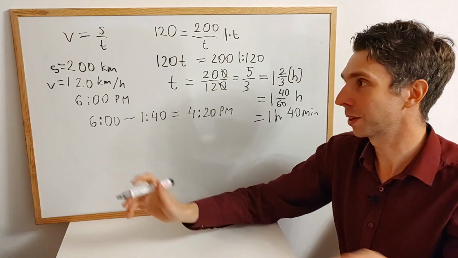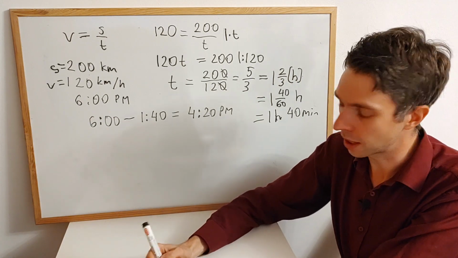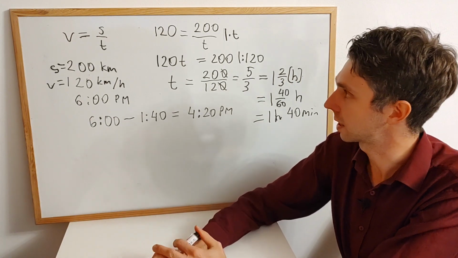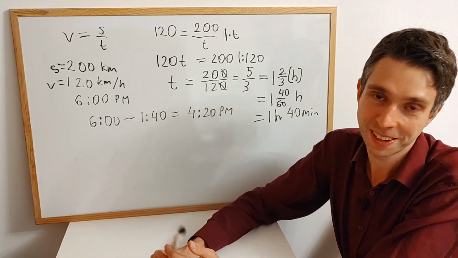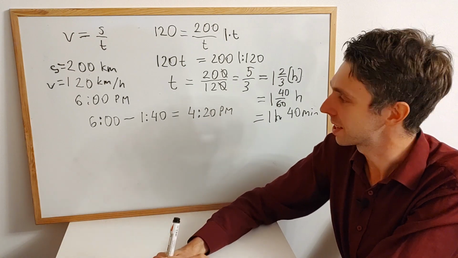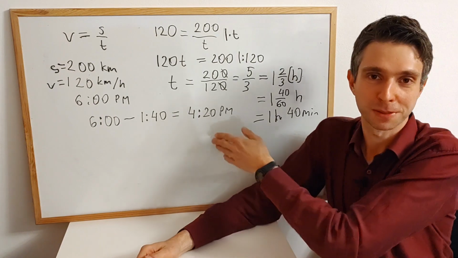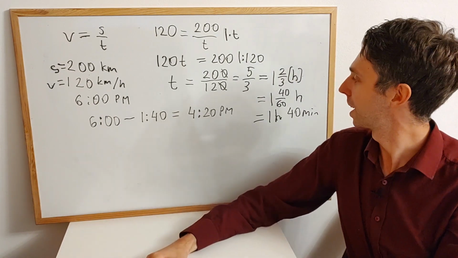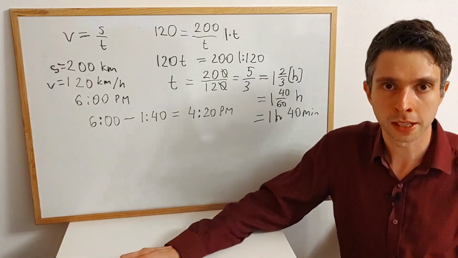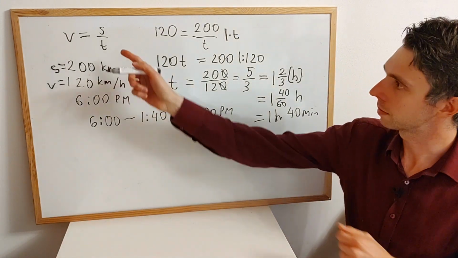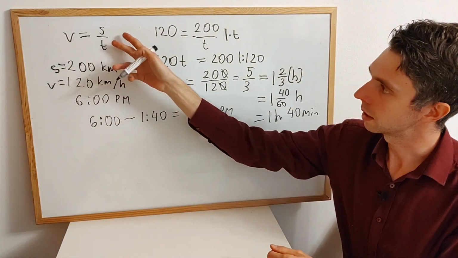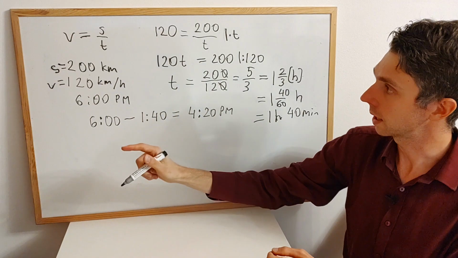So of course, because sometimes unexpected things happen on roads, I would suggest you depart maybe a little bit earlier, but this is of course the answer to our problem. Well, you can also solve this by modifying the equation.